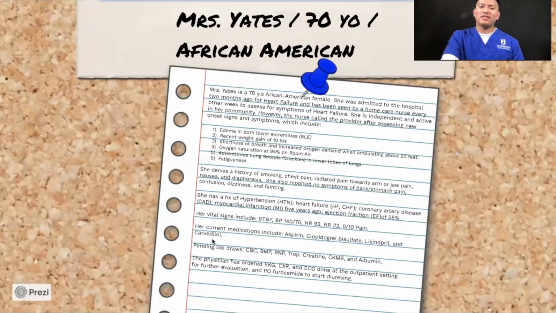Pending lab draws: CBC, BMP, BNP, troponin, creatinine, CKMB, and albumin. The physician has ordered EKG, chest X-ray, and EKG done at the outpatient setting for further evaluation, and PO furosemide to start the diuresis.